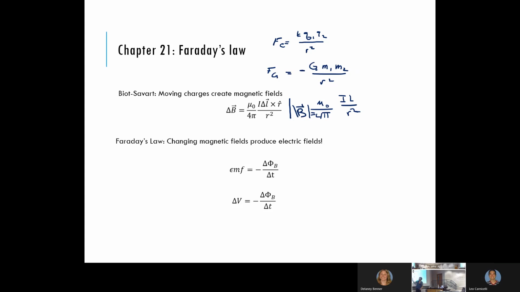So more often than not, you will see these two notations interchanged. I think your book calls it an EMF, but you could just as easily say a difference in potential. A changing magnetic field will cause a difference in potential, and due to that difference of potential, charges will move.